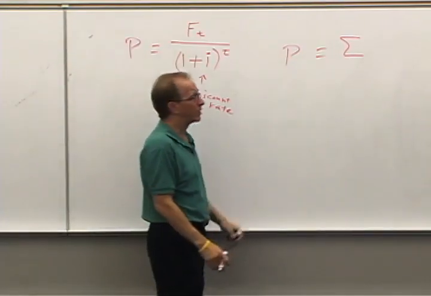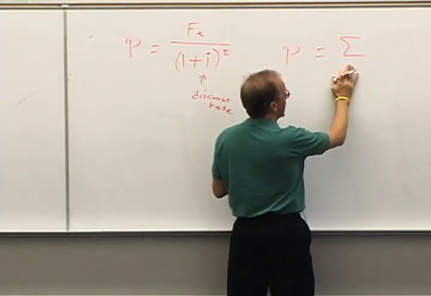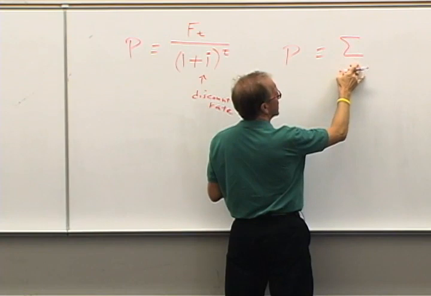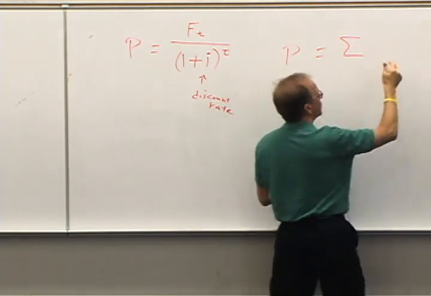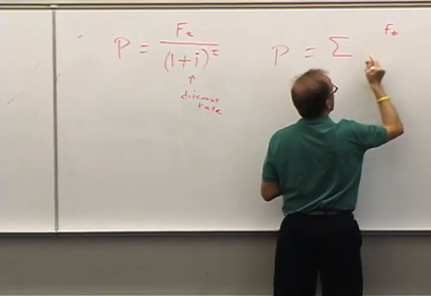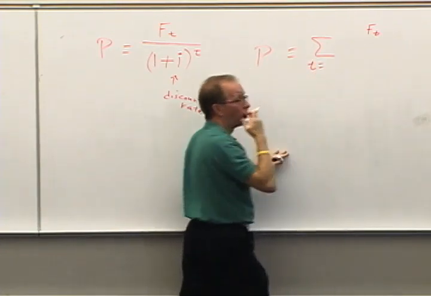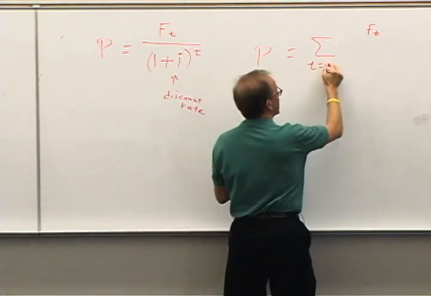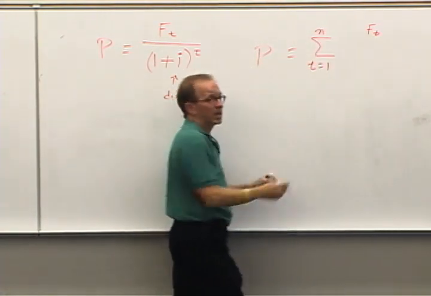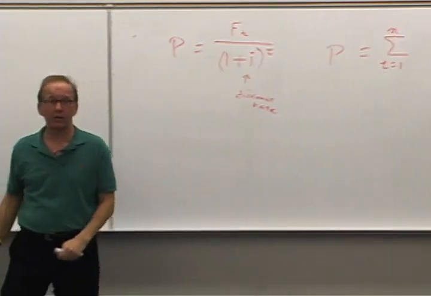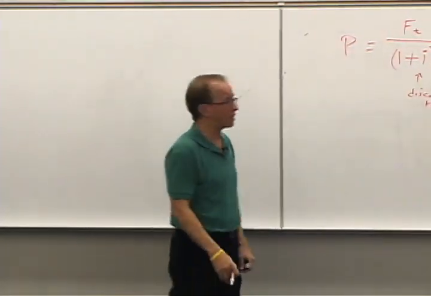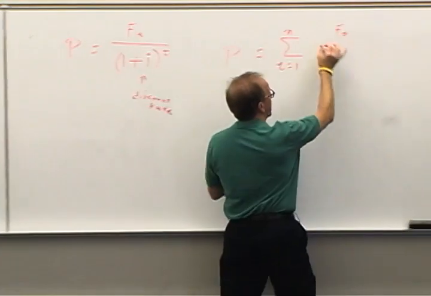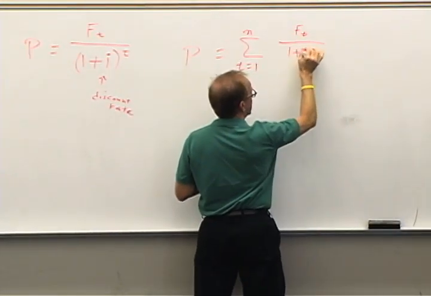Sigma, right? And so we look at this summation of these future payments all the way from the first one to the last one. I'll put N up there, where N is the final payment that we receive. And then here are these future payments, and we discount each one of them.